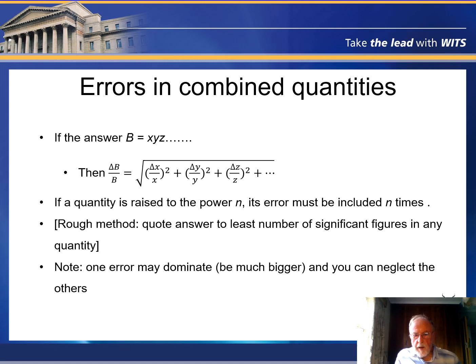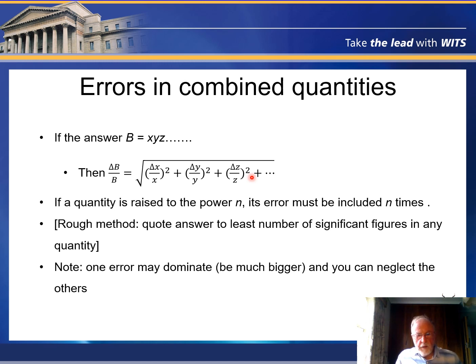If you get your answer by multiplying quantities together, as you often do, then the procedure is the following. Here is an answer B, which is x times y times z plus maybe a whole lot of other things. Then you must sum the squares of the relative errors. So delta x divided by x squared, delta y divided by y squared, and so on, and take the square root.